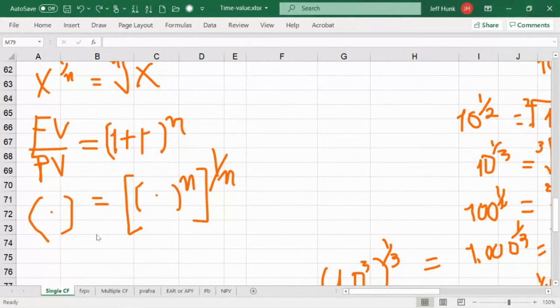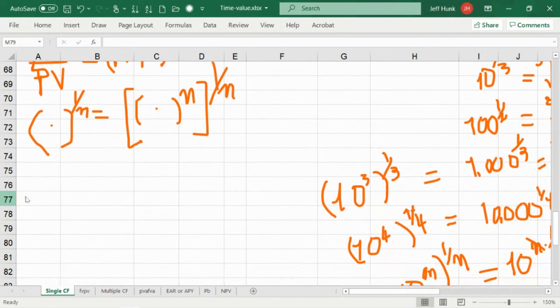Like a scale. So if something happens to the right-hand side, it must also happen in the left-hand side. So only when you take the nth radical, then the equal will hold. Okay? Again.